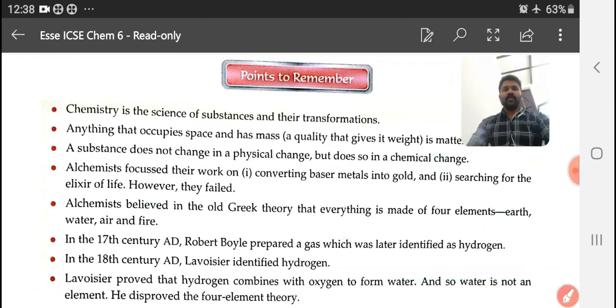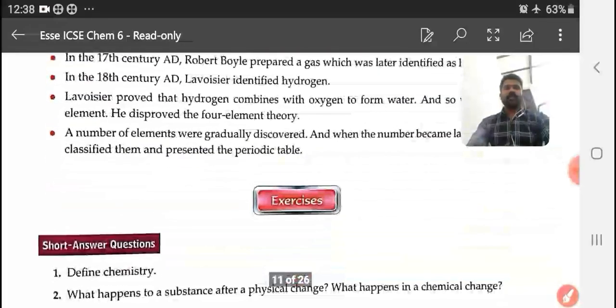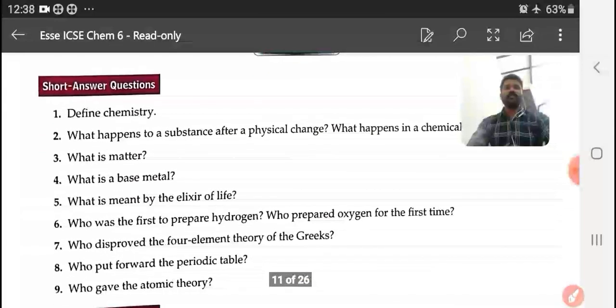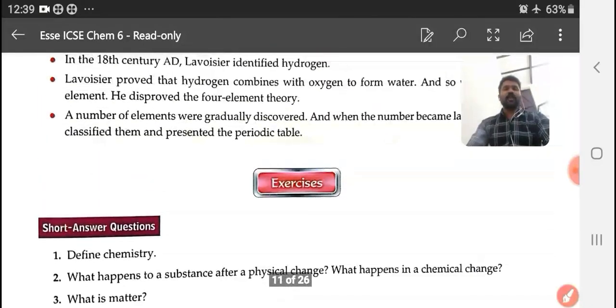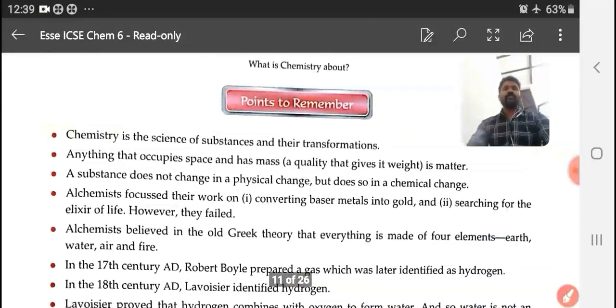Okay. Now go to question number 3 from short answer questions. What is matter? This answer is also on the same page from points to remember.